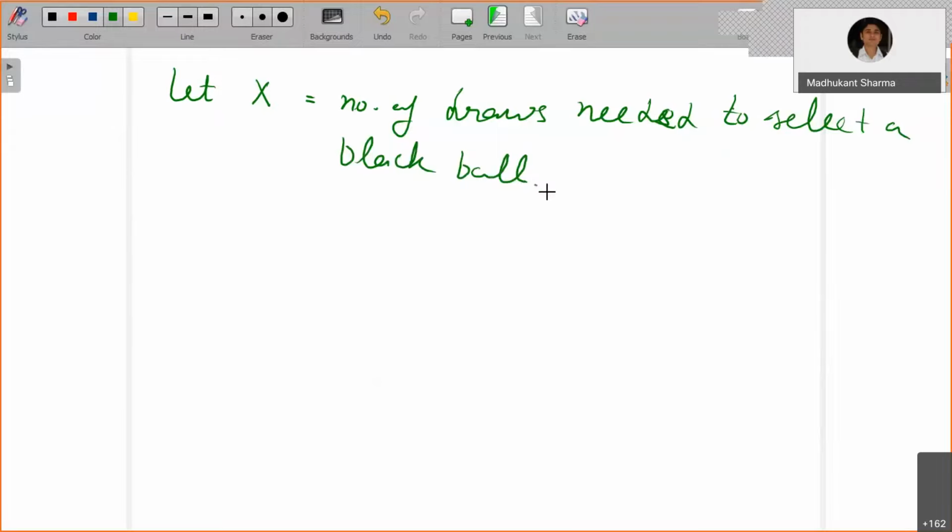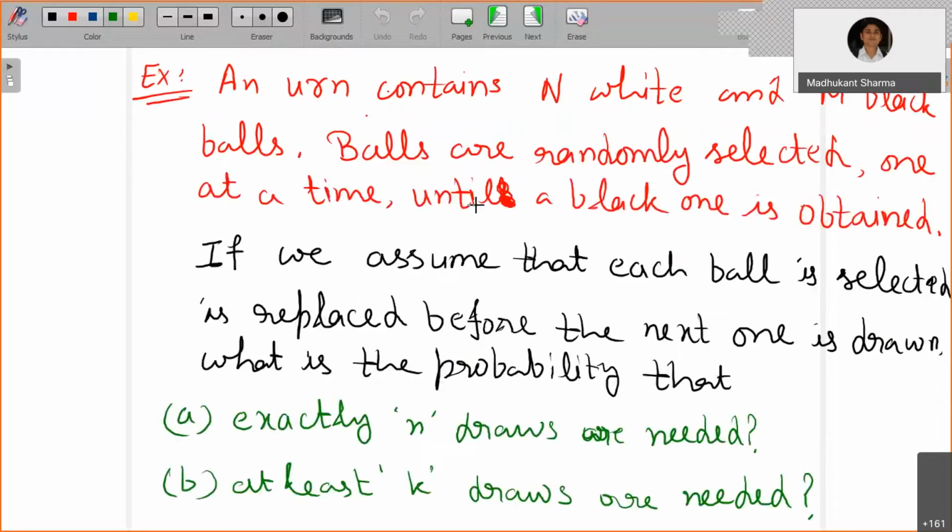Okay, so what will be the probability of getting a black ball? It is going to be m, right? m black balls are there out of m plus n. So the probability of succeeding is m divided by m plus n.